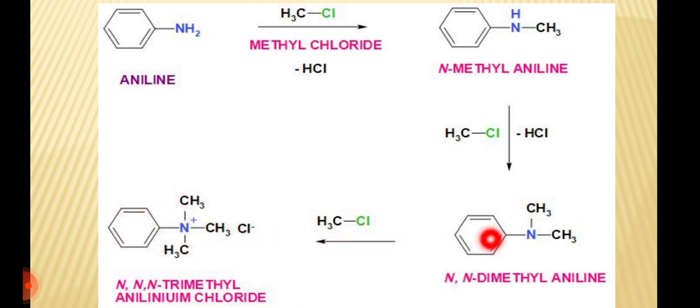Dear students, this nitrogen bears a lone pair of electrons. So this carbon, being electrophilic in nature, gets attacked by this nitrogen, and thus we get attachment of this methyl group over the nitrogen to convert it into the quaternary ammonium salt.